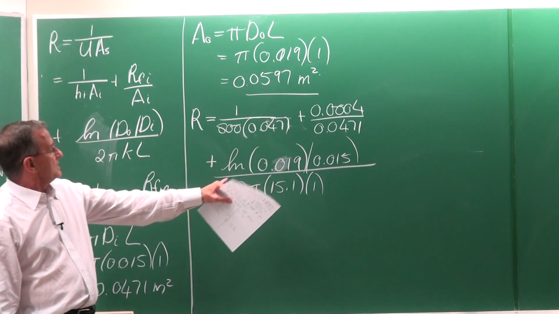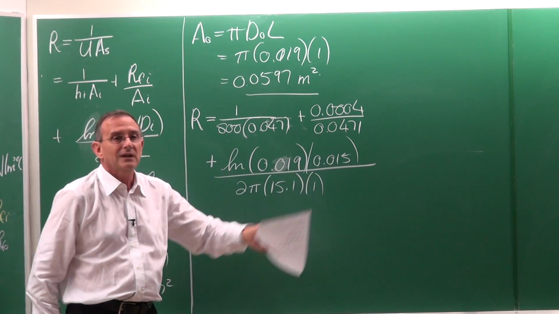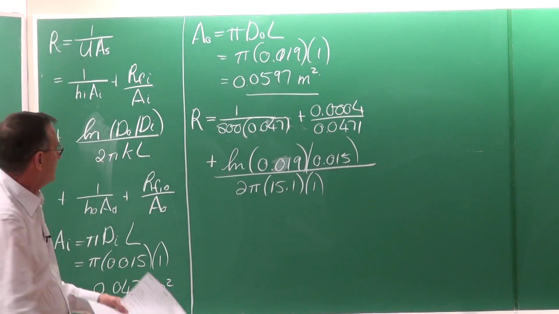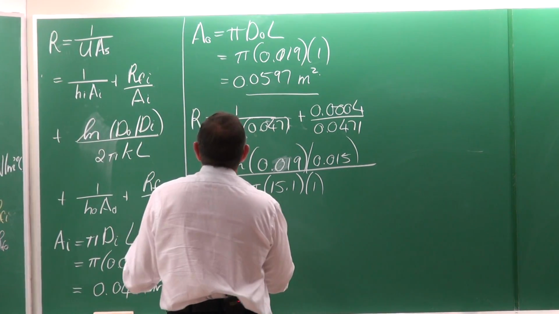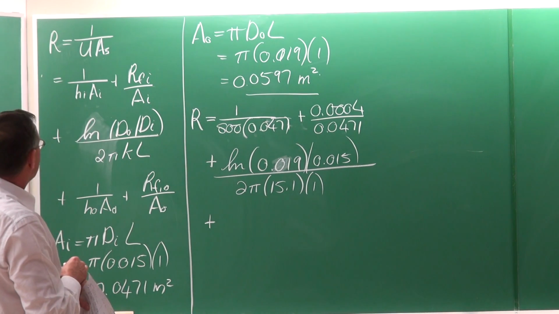If there's somebody, please, that can maybe check for us the ln of 0.019 divided by the ln of 0.015. It would be nice if you can check quickly for us what it is.